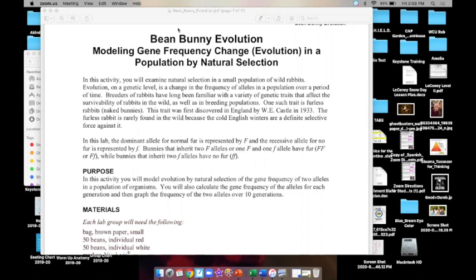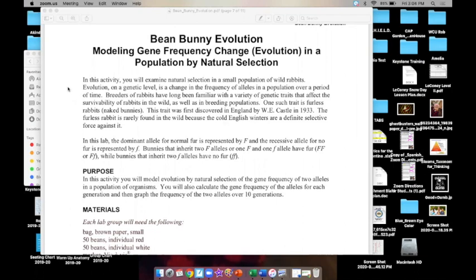Like if we're going to be talking about rabbits, bunnies, if you were to go out into the wild and count up all the rabbits in this population, what percent of the time are these certain genes going to show up? Right? 10% of the time, 20% of the time, 30% of the time, because we don't say percent in frequency, right? We're going to keep them as decimals. So instead of 10%, it's just 0.1. Instead of 20%, it's 0.2. Got it? Cool. So let's go read these instructions here.